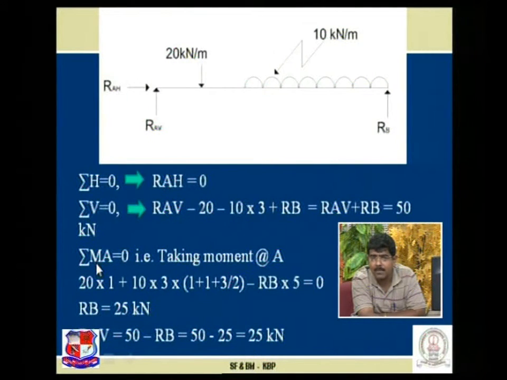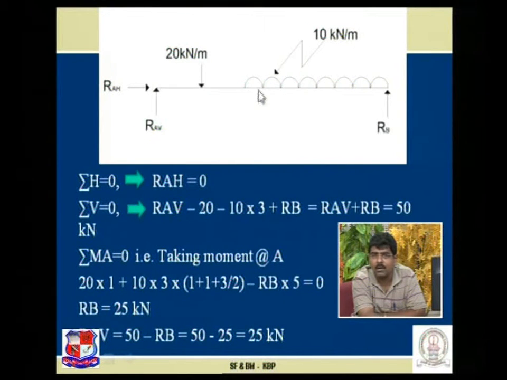So if you take sigma MA is equal to 0, the first force of 20 kilonewton creates a moment 20 into 1, clockwise positive sign at A. Another force 10 into 3 creates a clockwise moment, 10 into 3 multiplied by perpendicular distance. So perpendicular distance is the distance at which the load is acting.